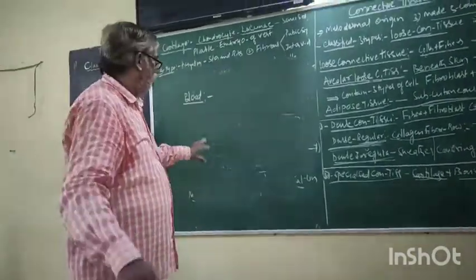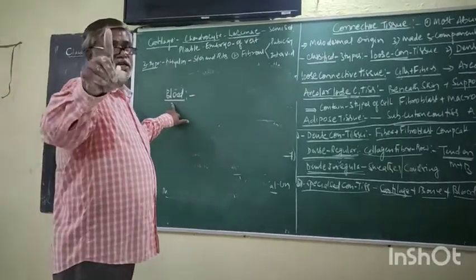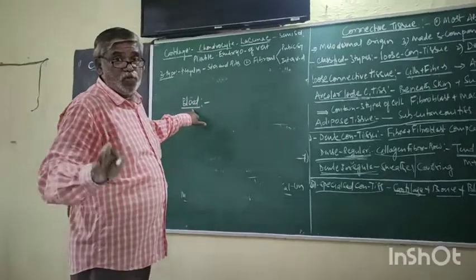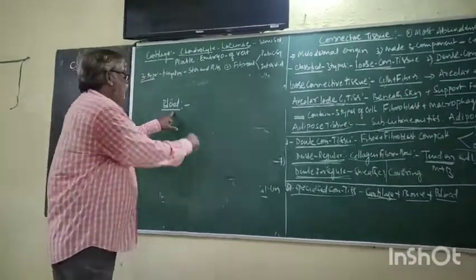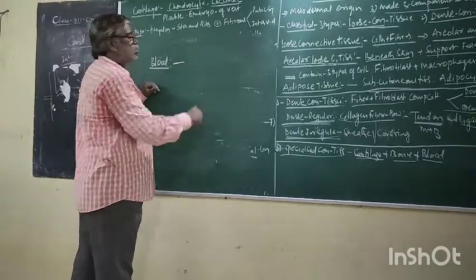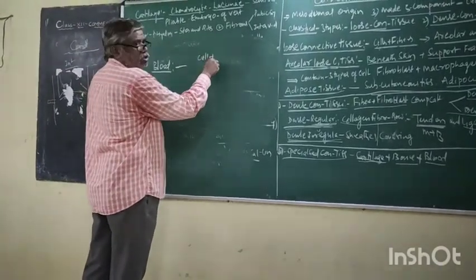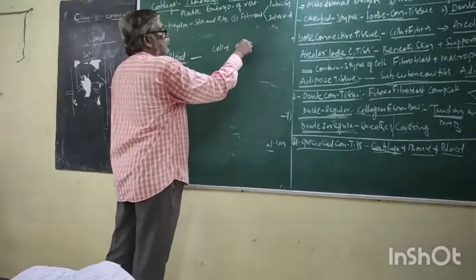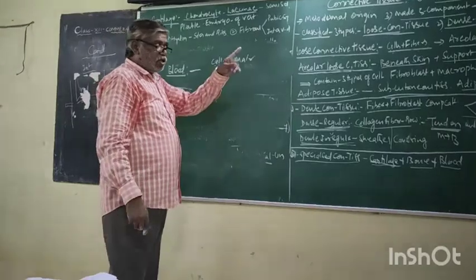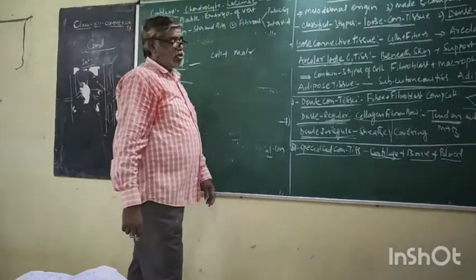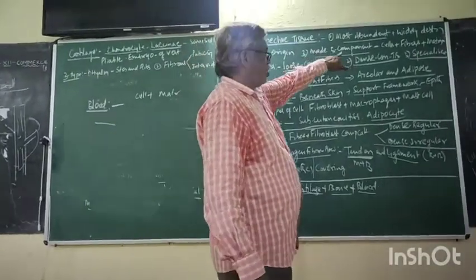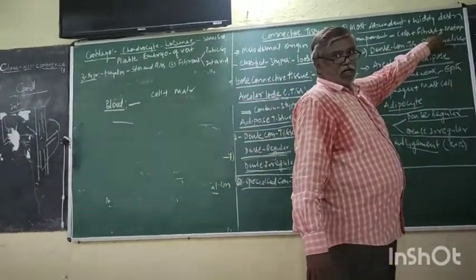Anyway, blood. It is a connective tissue, not muscular tissue. Blood is a connective tissue which belongs to the specialized tissue. Now, this blood contains only two parts: cells and matrix. Any connective tissue, I already said, is made with three components: cells, fibers, and matrix.